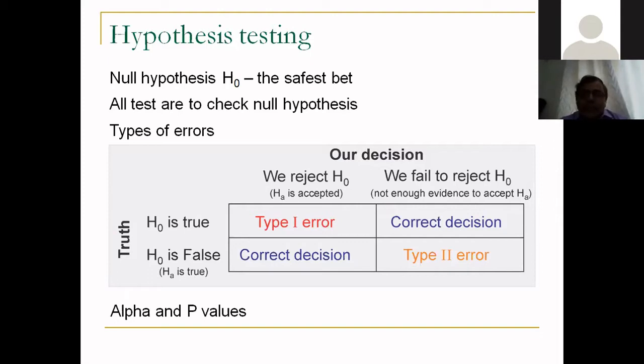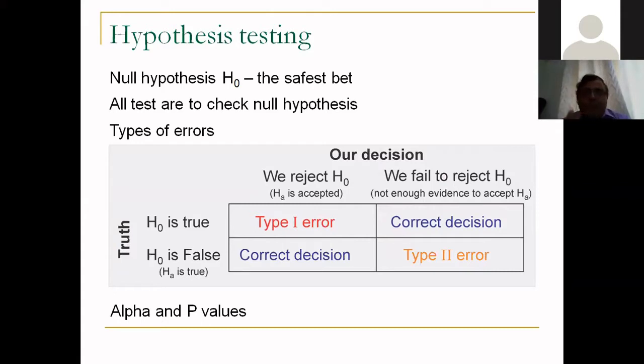But there are other cases where the null hypothesis may not be exactly zero. For example, when we look at the length-weight relationships of fishes, we have a null hypothesis that the exponent b is 3. It is not that exponent is 0 is the null hypothesis; exponent is 3 is the null hypothesis.